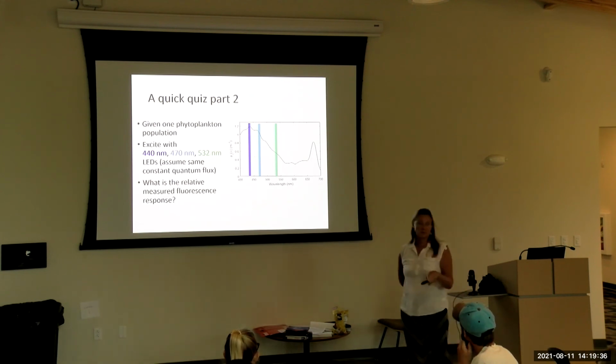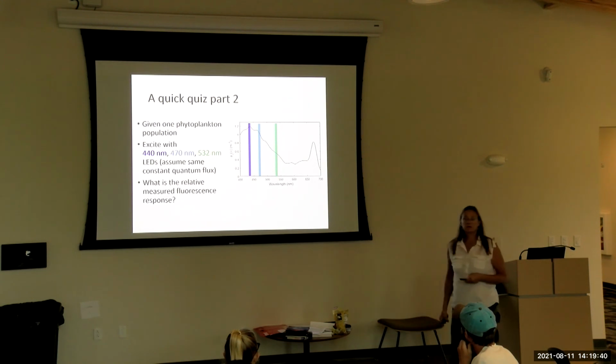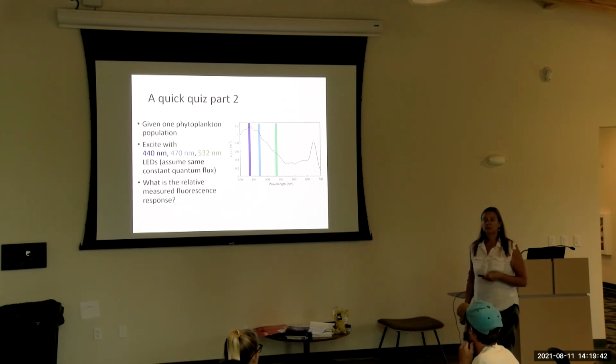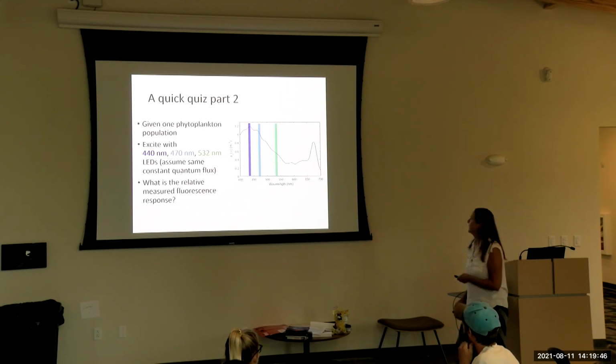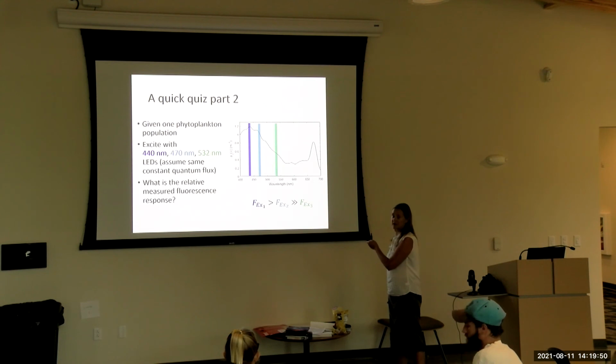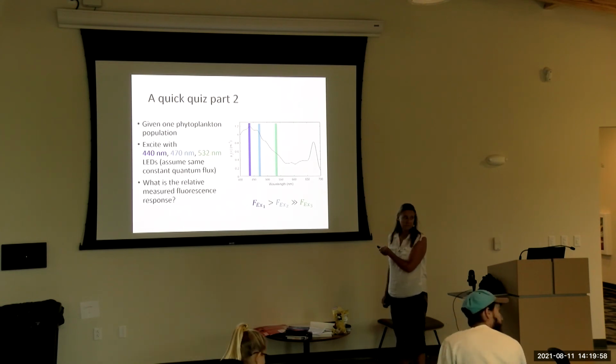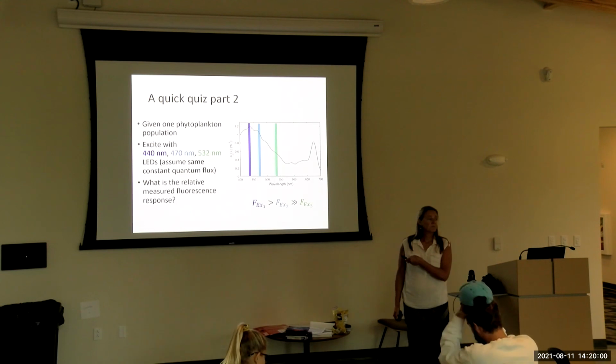Per photon, yes. But how many photons are being absorbed in the blue, green, right? So in fact, you're going to get the most fluorescence when you excite here and the least fluorescence when you excite here, because of the absorption. Yes. Does it depend on how much of this absorption goes east versus?